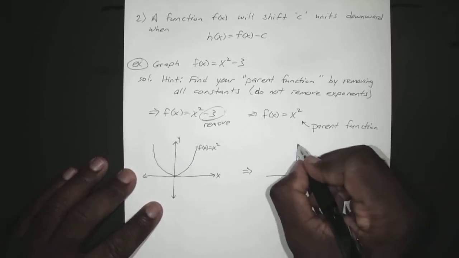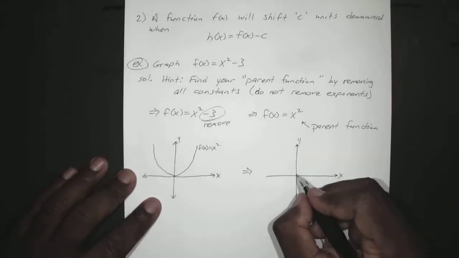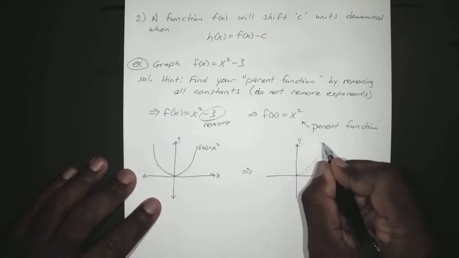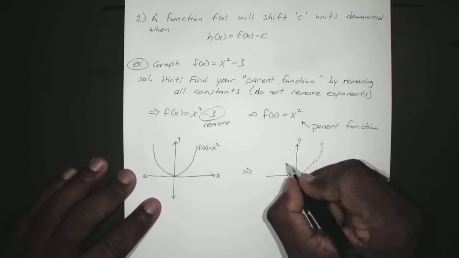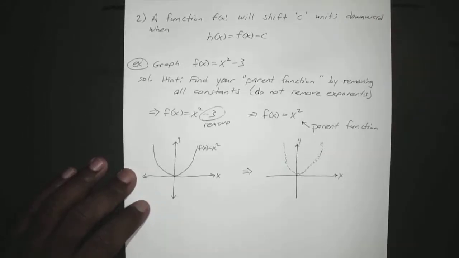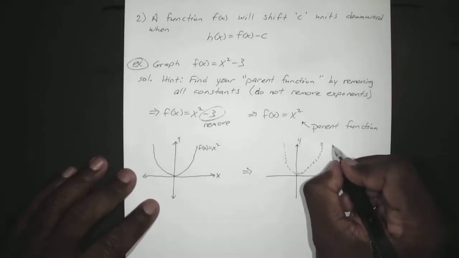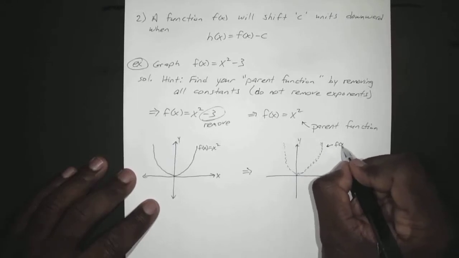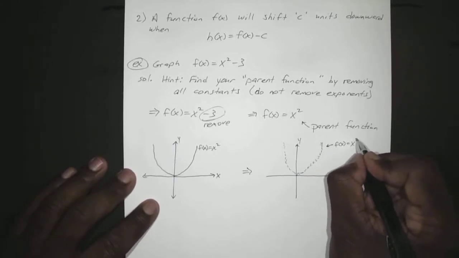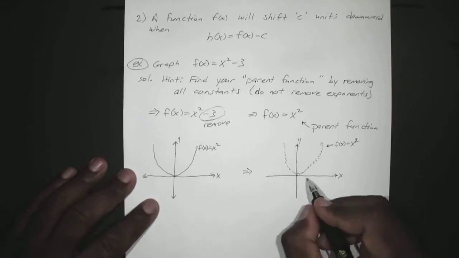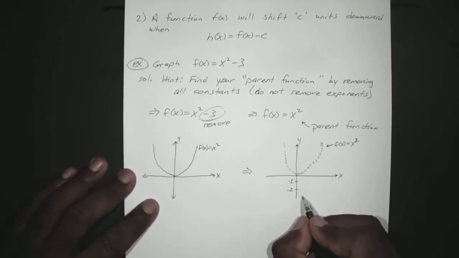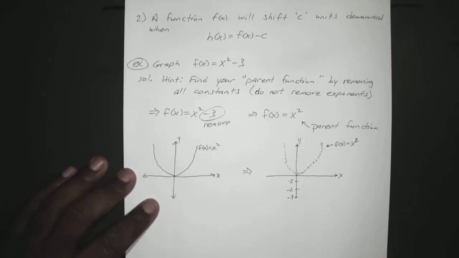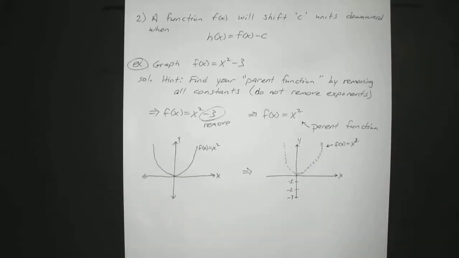So you have your x, you have your y. Kind of draw a dotted outline of x squared. Oh, that turned out horrible. Okay, so if it shifts 3 units down, that means this whole graph, almost like you just pick it up and move it down 3.